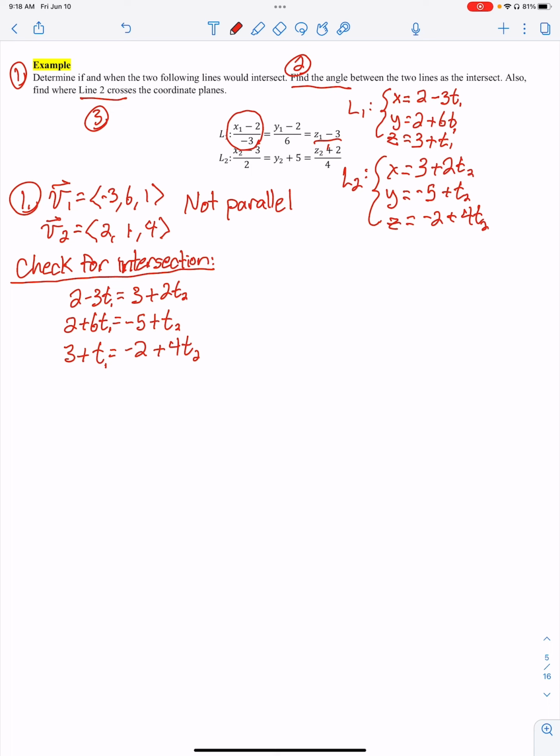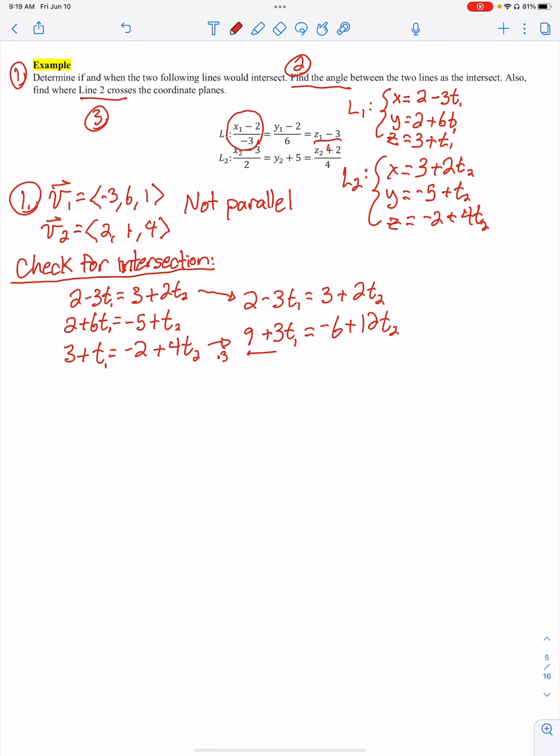I always end up using the top and the bottom for some reason. I'm going to write down the top one. And my goal is I'm going to knock out those t1s. So I want to multiply this bottom equation by 3. So I get 9 plus 3t1 equals negative 6 plus 12t2.